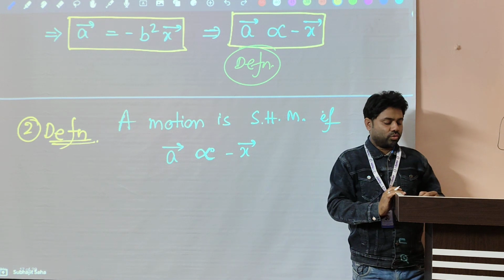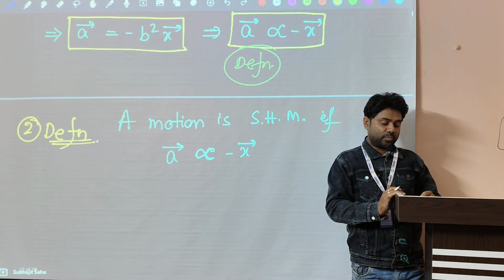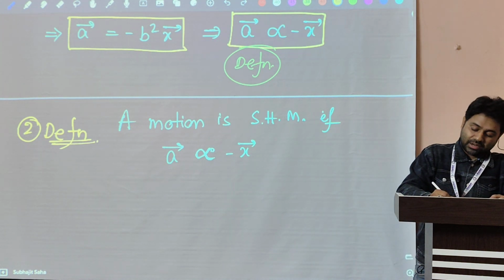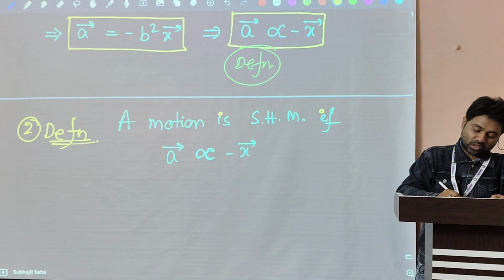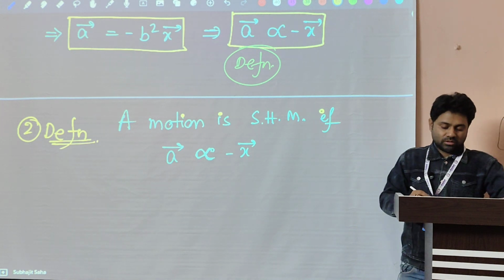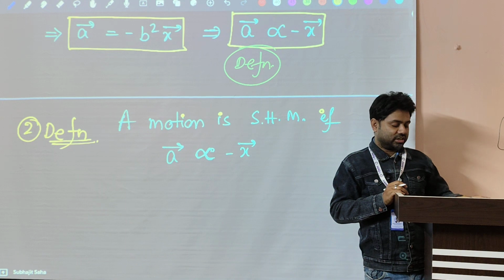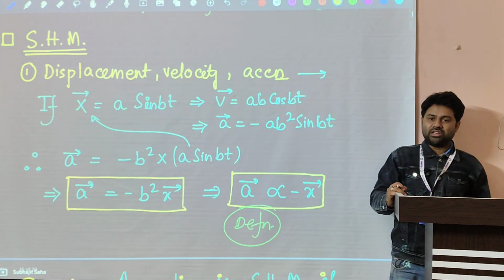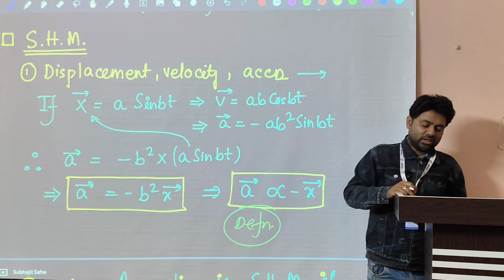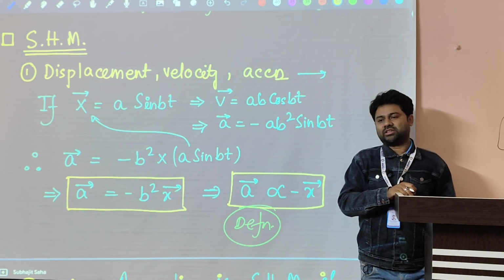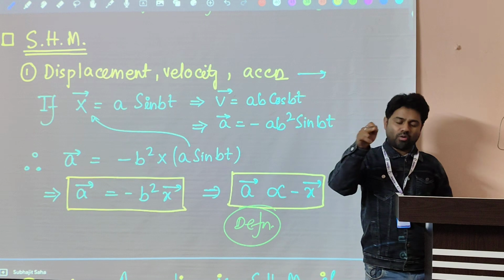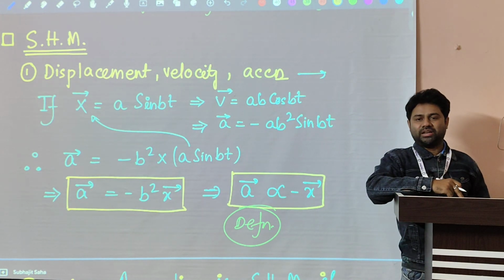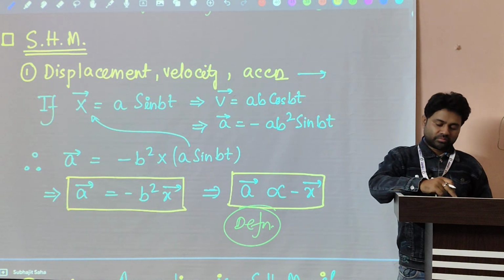So every motion where we will find acceleration is proportional to minus x will be called a SHM, simple harmonic motion. Like the motion we just discussed here. We started with displacement of a particle a sin bt. We see that here it bears the relation a proportional to minus x. So if displacement of a particle is given by x equal to a sin bt, it's SHM.